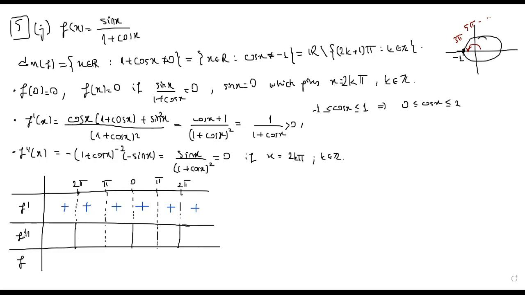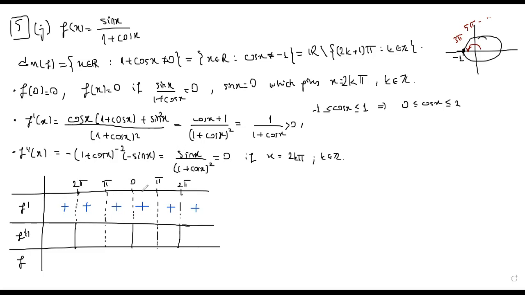What about f double prime? We can only pick some value and observe the sign of f double prime. For example, we can pick any value between 0 and pi. 1 plus cosine x squared is always positive.